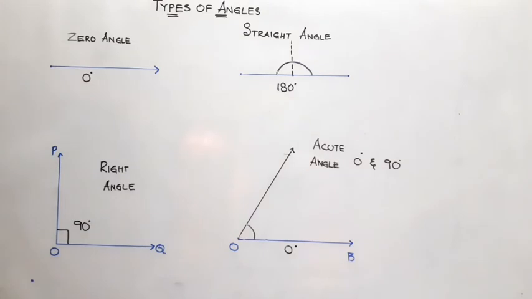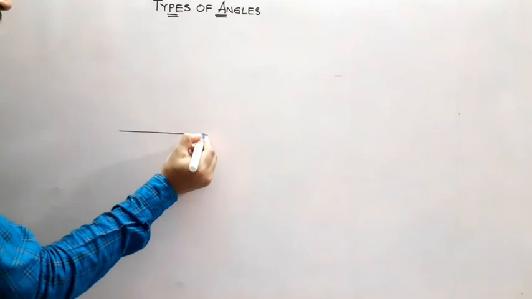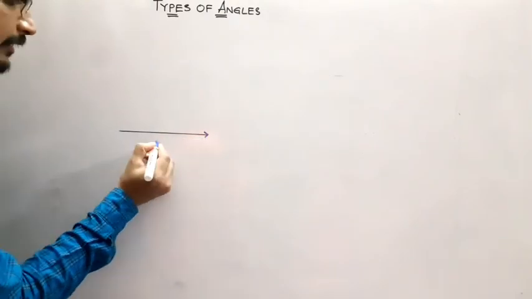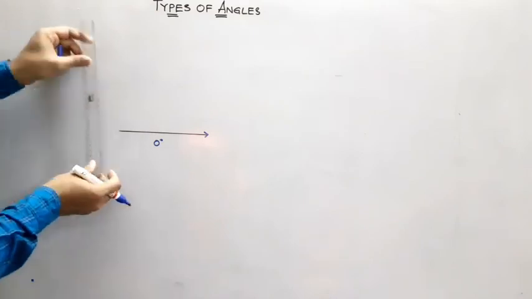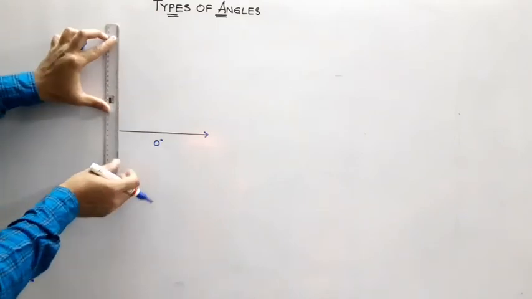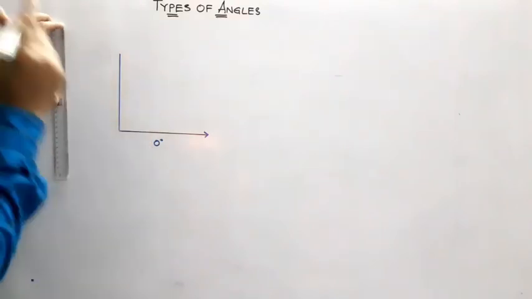Two more angles are there, children. So please observe the board. So look, children. I am taking a 0 angle. So 0 degrees. Now we all know that an angle measuring 90 degrees is called a right angle. So right angle will come like this.